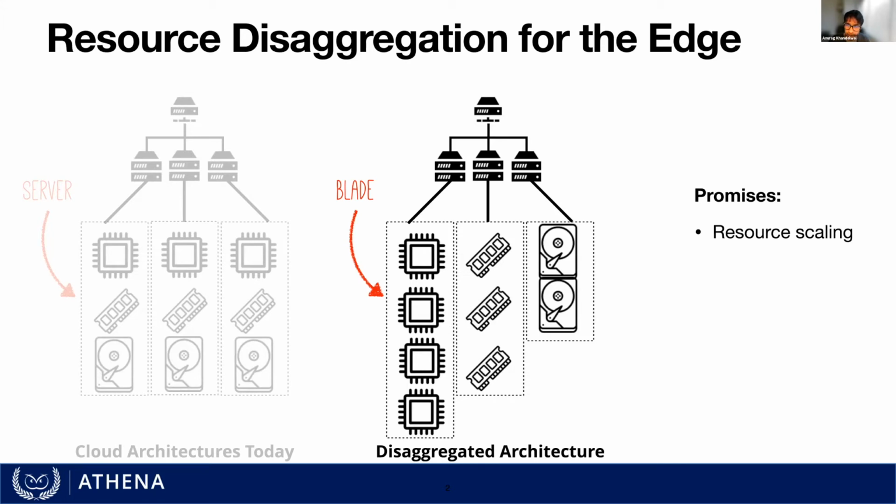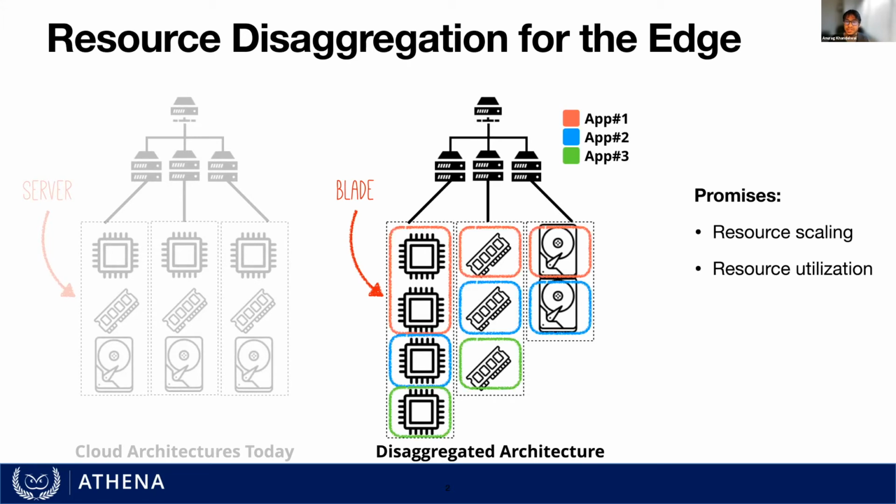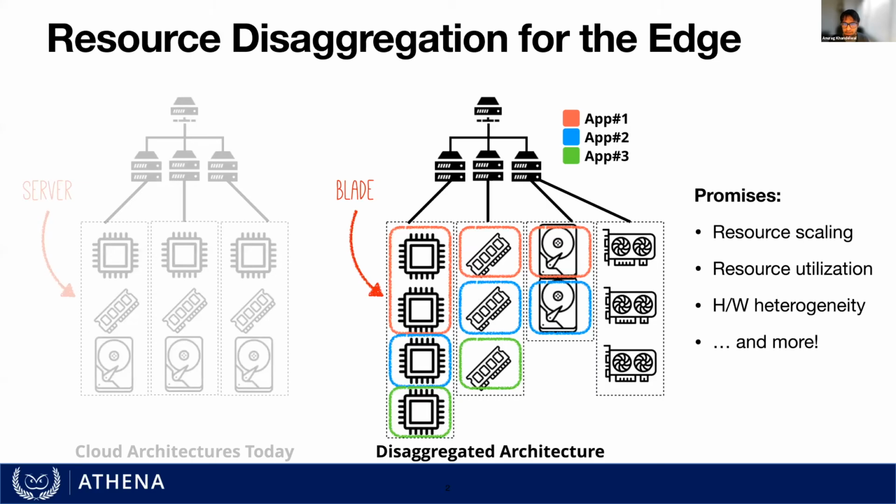You get high resource utilization by multiplexing each pool of resources across multiple applications independently. And you can support hardware heterogeneity for supporting accelerators. It's particularly important for AI workloads that we are targeting in the Athena project. And there are a number of other advantages as well that I won't go into the details of.